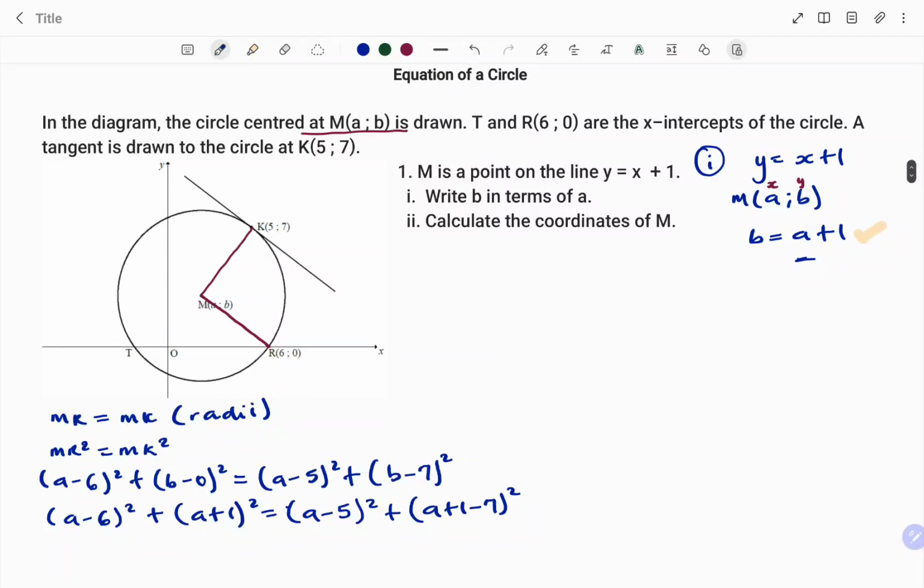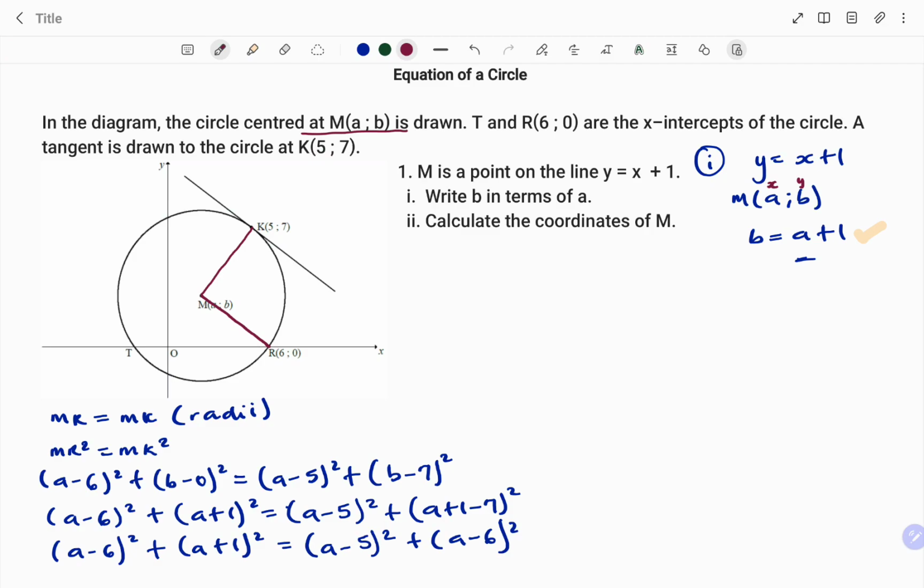If I simplify, I have (a minus 6) all squared plus (a plus 1) all squared equals (a minus 5) all squared plus (1 minus 7, that's minus 6), so we have (a minus 6) all squared.